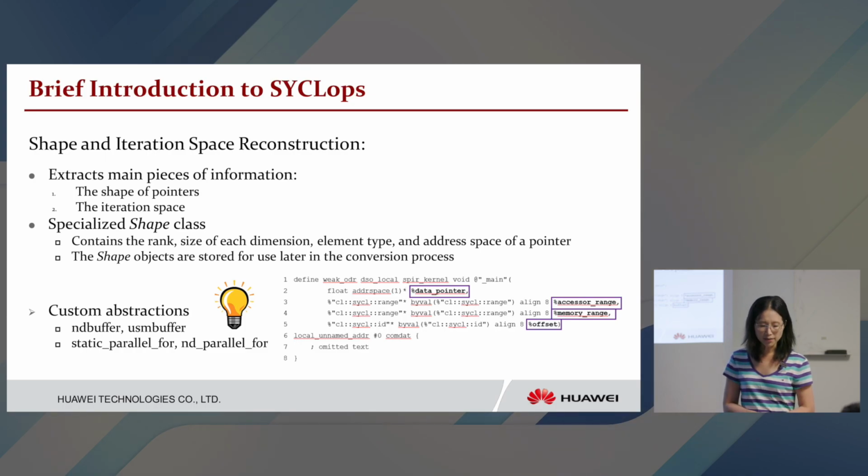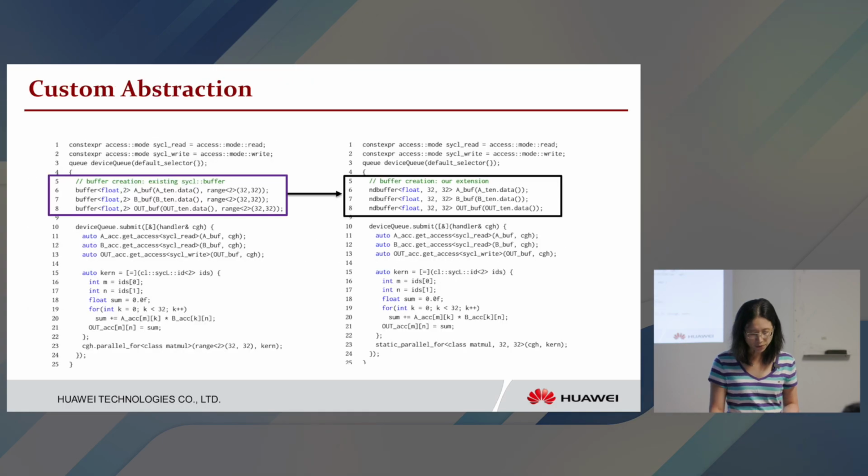But one part I haven't talked a lot about is the shape of the pointers and the iteration space. I don't know if you guys have looked at a SYCL program, so I must show a SYCL program while we are at it. As you can see, the memory model of SYCL has SYCL buffers.